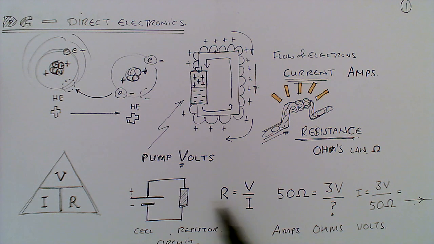In our example we have 50 ohms in the circuit, and we've got two cells of 3 volts each. What current would be required for the electrons to pass through that resistor of 50 ohms with the pressure of 3 volts? I left you to answer that question, and we'll see if you got the answer right.